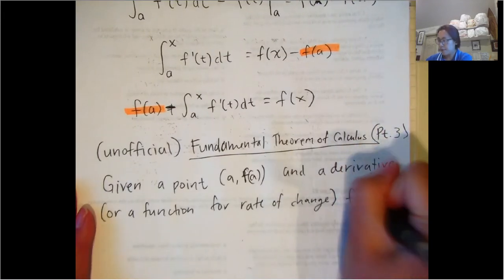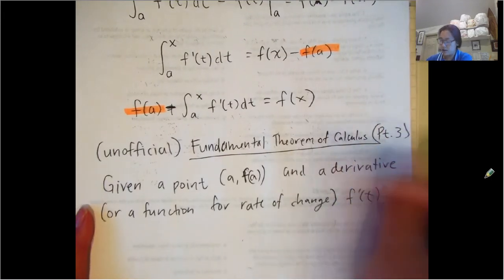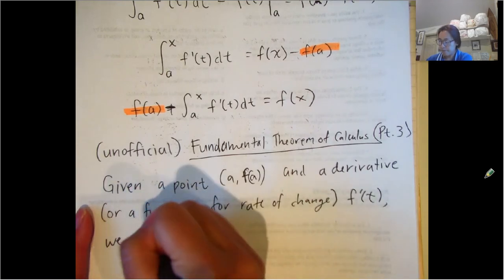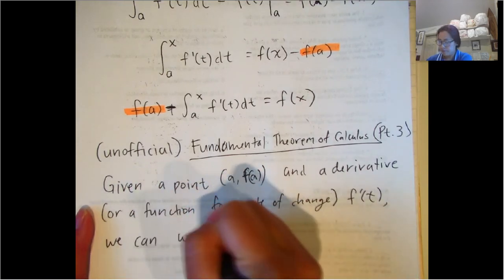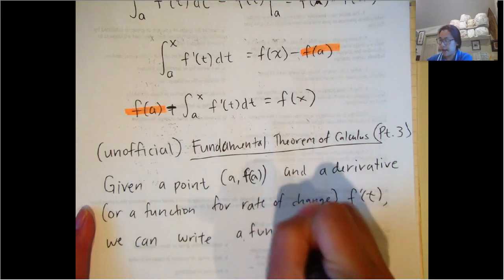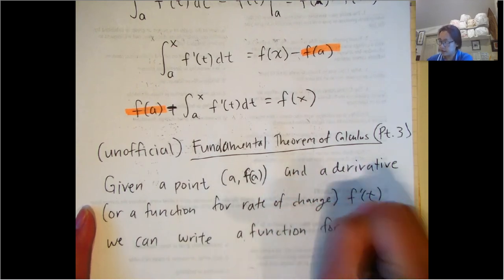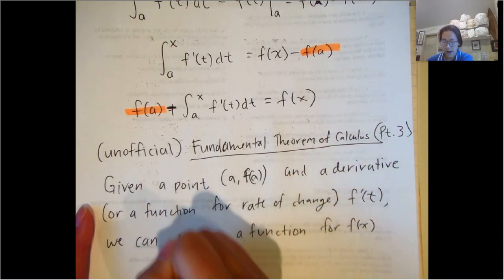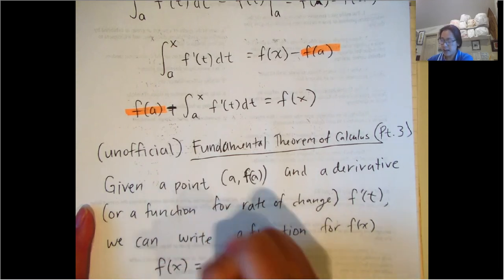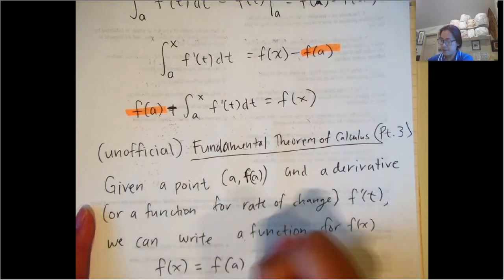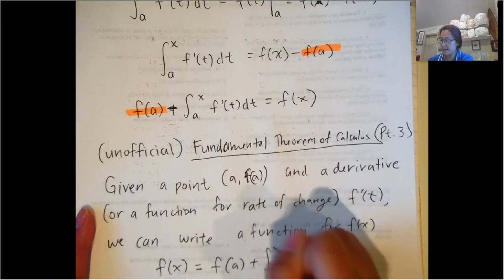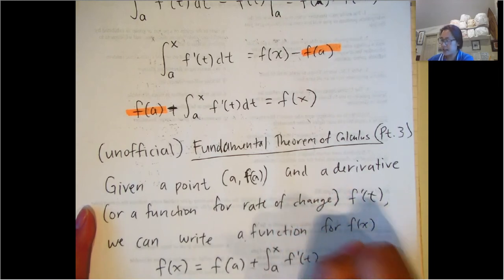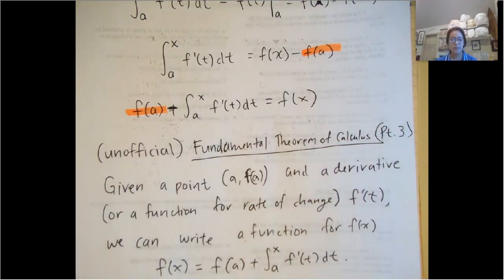So some f prime of t, then we can write a function for f of x, where f of x equals f of a plus the integral from a to x of f prime of t dt, which is what we have written up there.